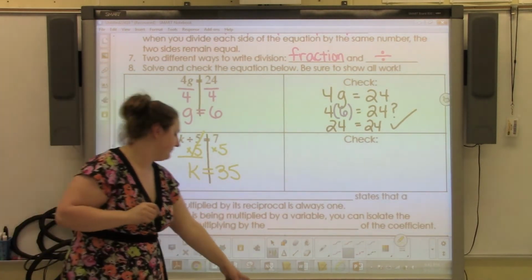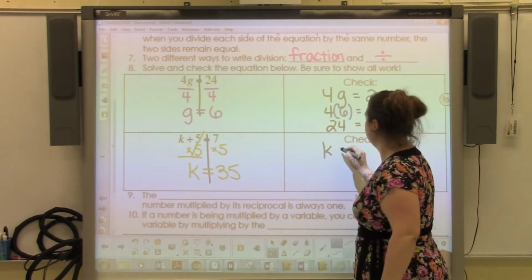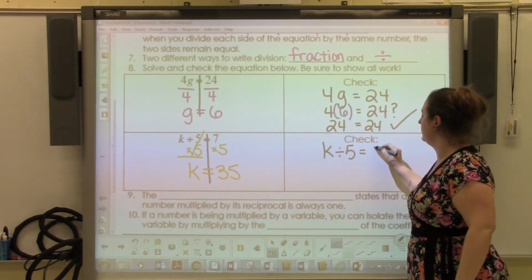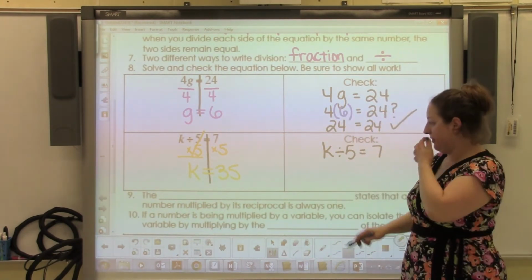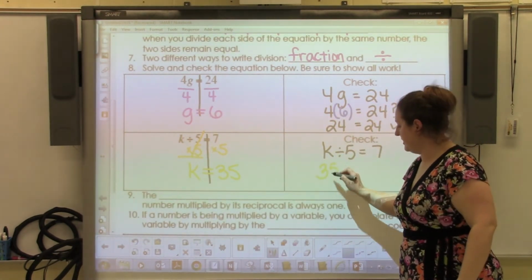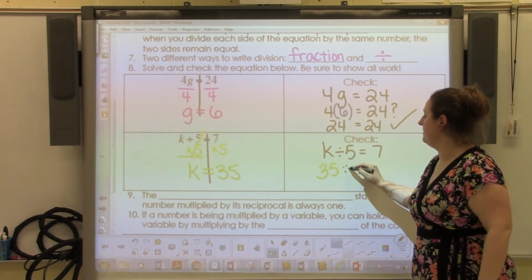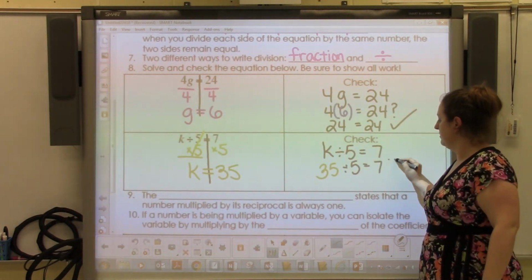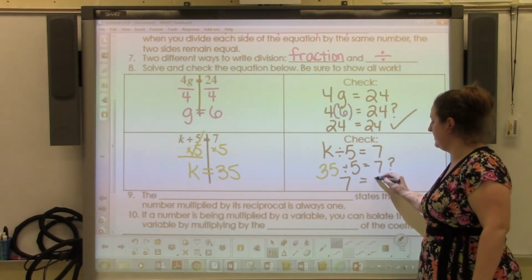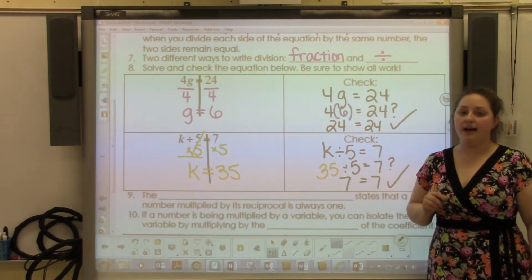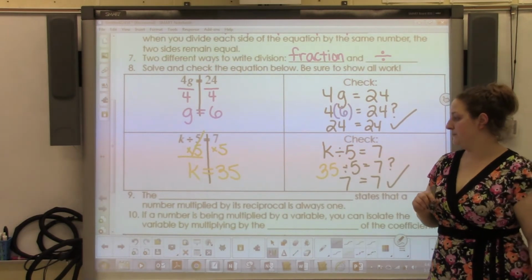Let's check. k divided by 5 is equal to 7. So instead of k, I want to use 35. The question is, is 35 divided by 5 equal to 7? Sure enough, 35 divided by 5 is 7, and 7 is equal to 7. So 35 must be a solution.